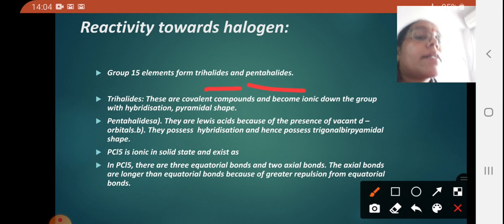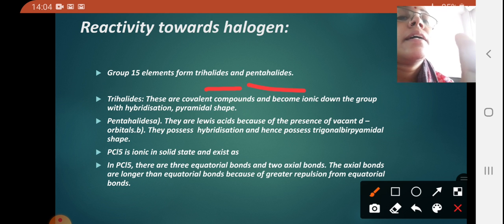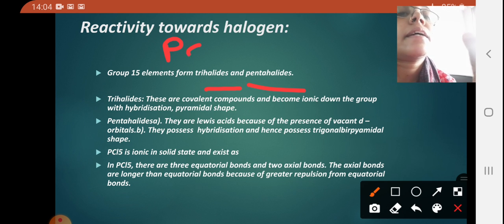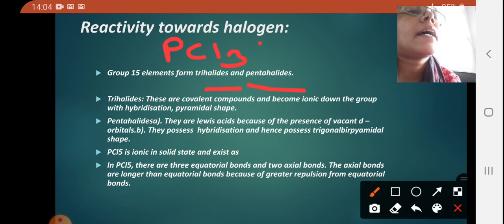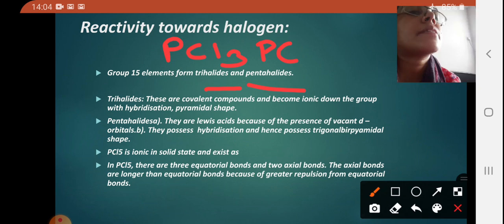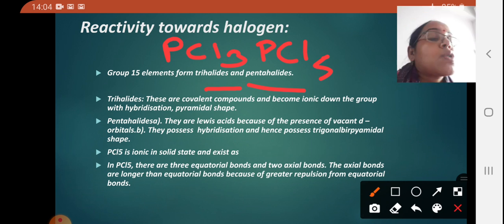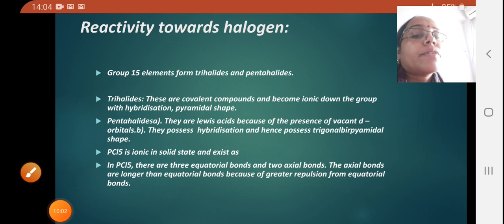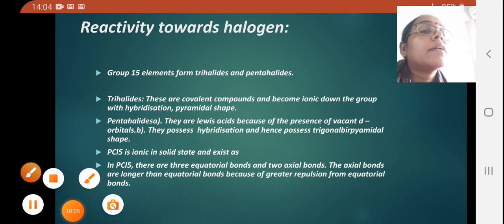The example of trihalide is PCl3, and the example of pentahalide is PCl5. So in this way the group 15 elements react with halogen atoms.